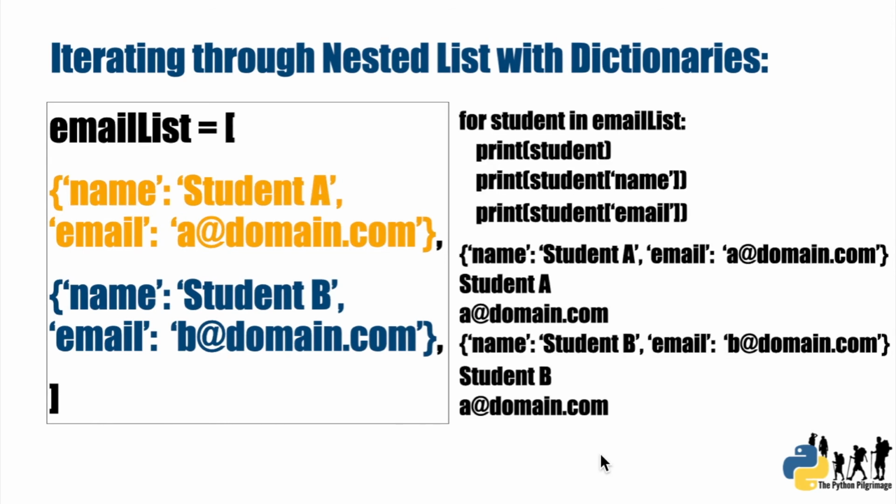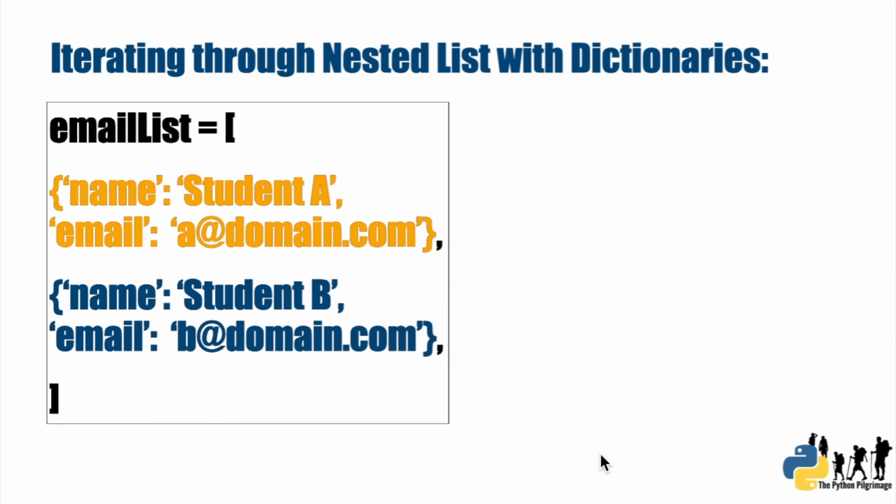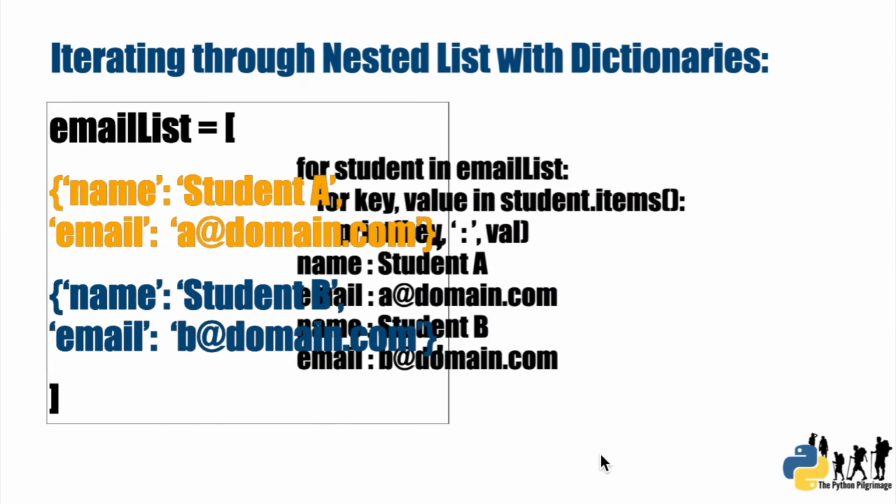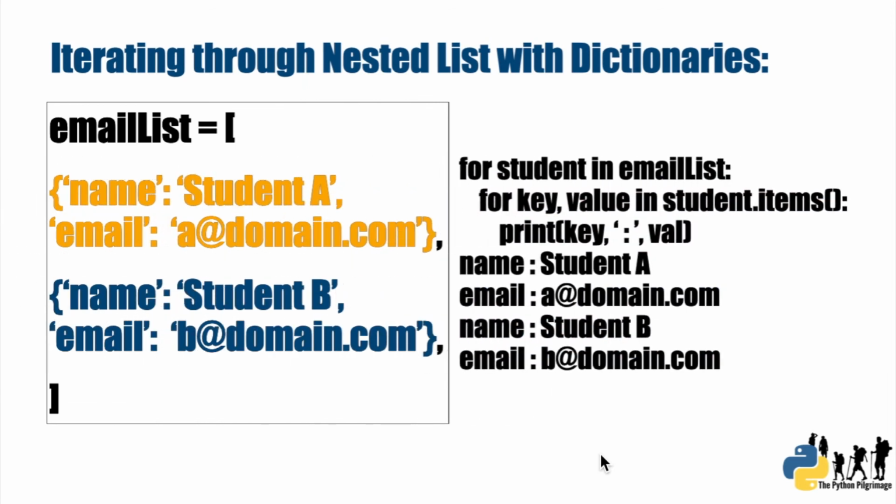Okay, so moving on to the next one, iterating through nested dictionaries. Using the same setup from earlier, we will now use double iteration. This initial for loop is for the mother or the main list, and now the second for loop is for the dictionary. So if you do another for here, you're iterating through each instance of student in email list. So you're assigning the key and the value of each dictionary here as key and value.